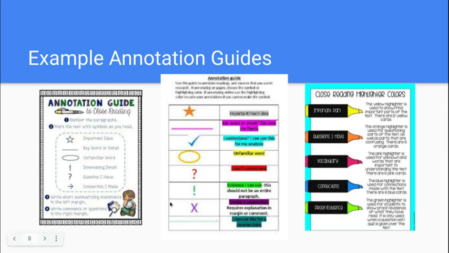You can also use different annotation guides, like this one's slightly different, or you can use colors. For instance, this one, questions would be highlighted in orange, a vocabulary word, or maybe a word you don't know, might be highlighted in pink, connections might be blue. So just find a way of annotating that makes sense for you and then use that and adapt it as you go.